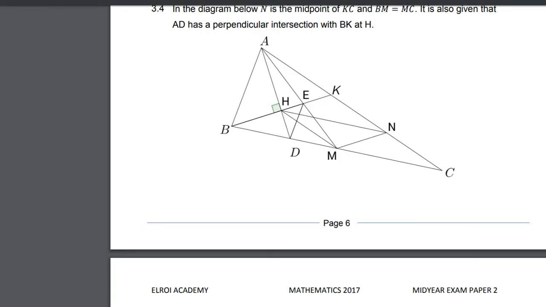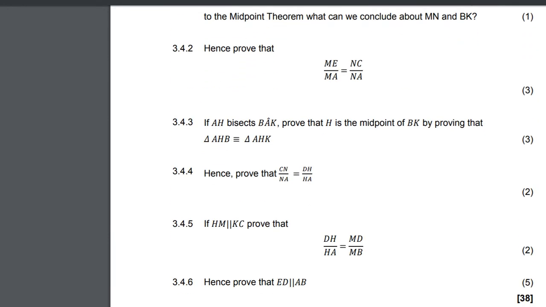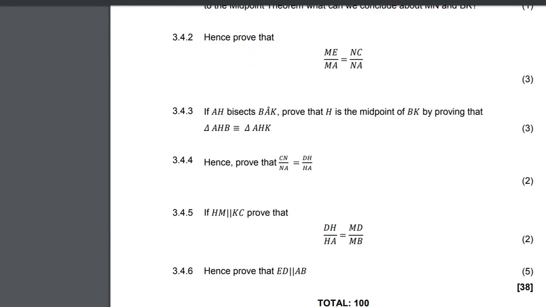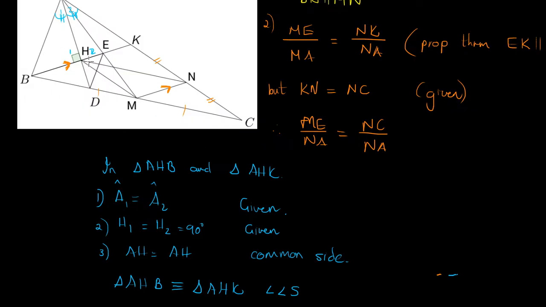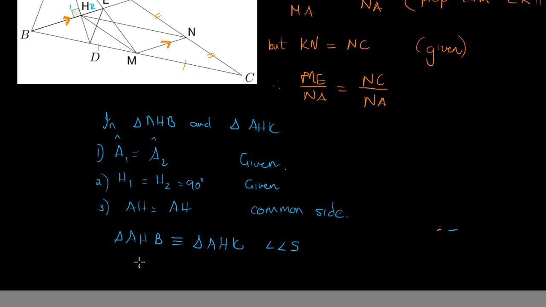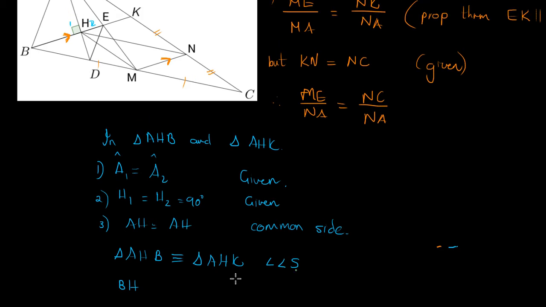The next question, now we're not done, because they asked us to prove that H is the midpoint. Now if I've proven that these two triangles are congruent, it means therefore that BH is equal to HK from congruence.